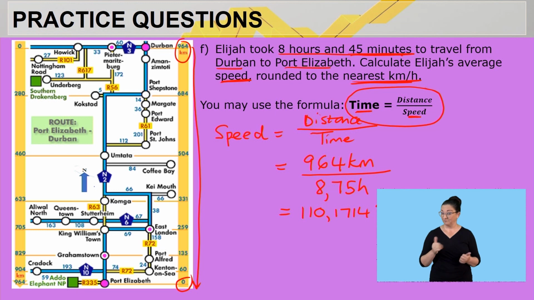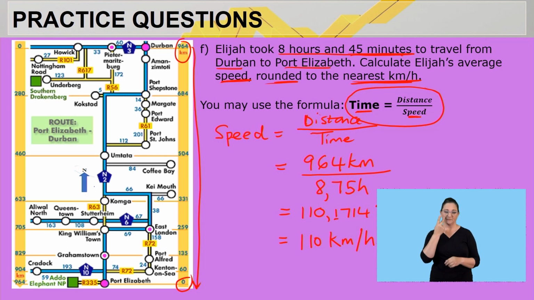Are we still fine? So now we'll move to the last part of my question. It says rounded to the nearest kilometer per hour. So meaning it must be a whole number, right? A unit. So therefore, if I look at the first digit after the decimal, that's 1. It's less than 5. So therefore, it will remain 110 kilometers per hour.